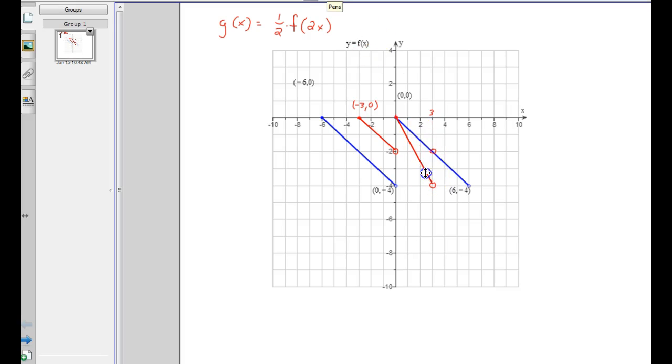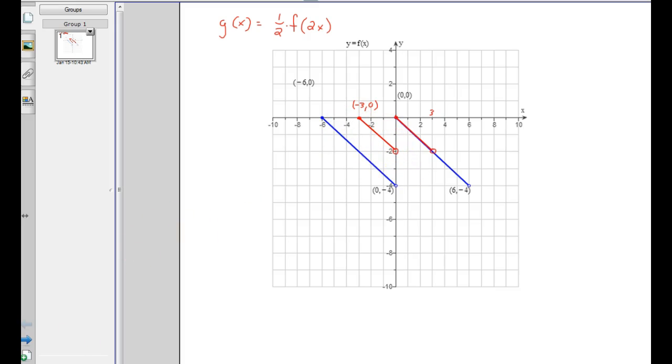And then this is what the new graph looks like. It's parallel to the old graph, and this actual one right here is on top of it. That doesn't always happen, it just happens in this case for this problem. But anyway, that's what our new graph's going to look like.